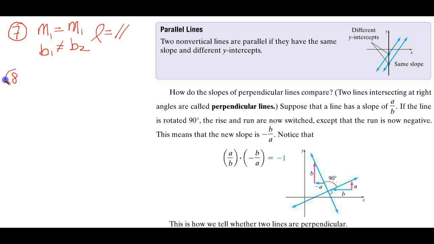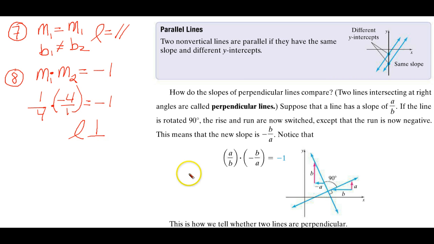And for number 8 we say, if you take the slope of one and multiply it by the slope of the other, and the product of that multiplication is a -1, such as if you have 1/4 times -4/1, here everything cancels out, but you're left with a -1, then the lines are perpendicular. So this is a little summary, and you should have that in your notes and on that review.